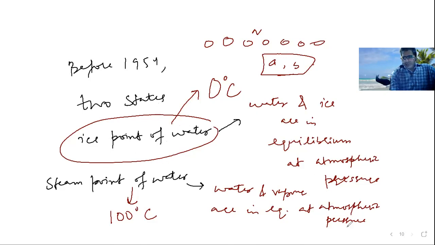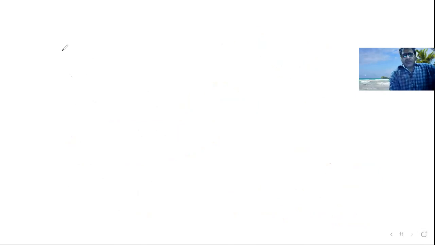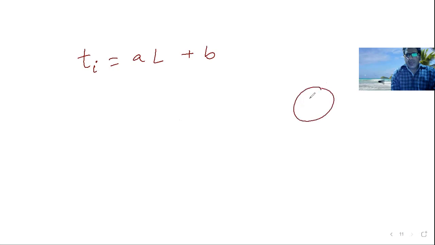And what I do, so I have the equation T is equal to AL plus B. This is my equation. Now let Ti be the temperature of this mercury thermometer when it is in equilibrium with the ice point. I bring my thermometer in thermal contact with the ice point.